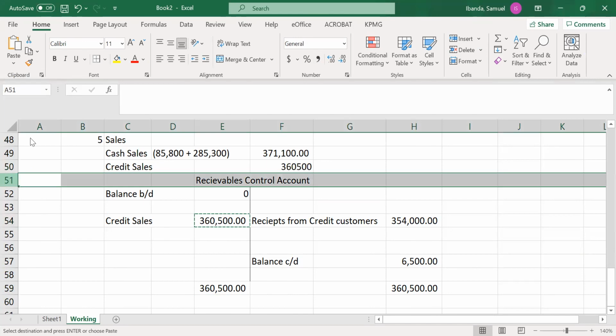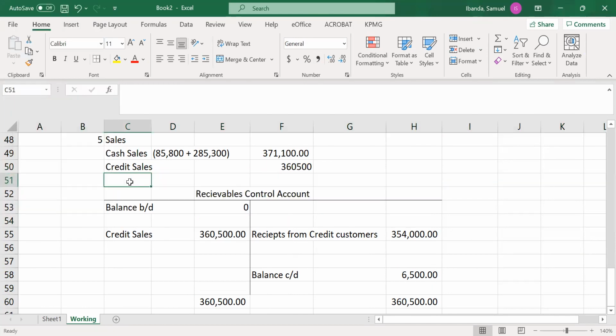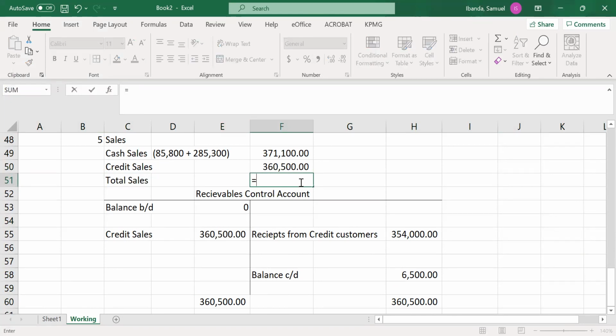Since I'm using Excel, this is adjustable for me. I can get my so-called total sales. So my total sales is 731,600.